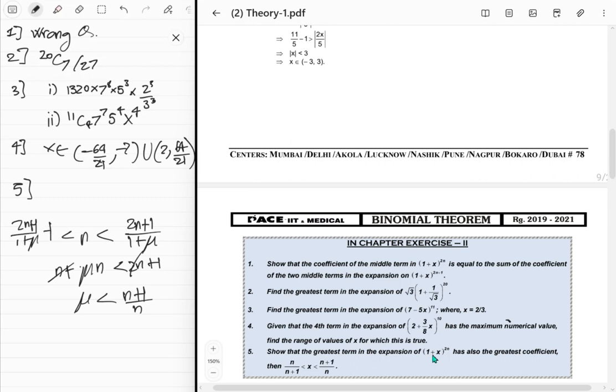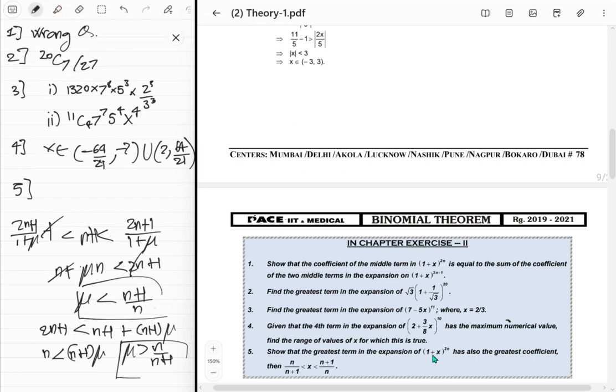So 2n plus 1 is less than n plus 1 plus n plus 1 times mu. So n is less than n plus 1 times mu. So mu is bigger than n upon n plus 1.